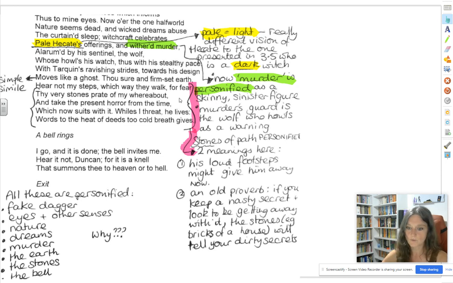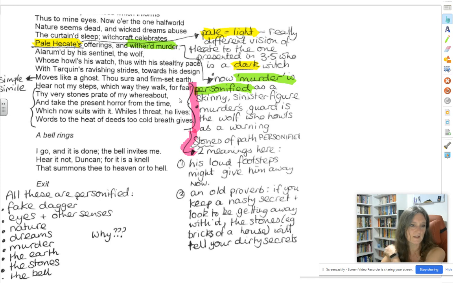A proverb is like a warning or a message to people, which is told in a story. Basically what the proverb says is, if you do something really bad and you're skillful enough to keep it a secret, so you commit a crime perhaps, but you think you've gotten away with it, then the stones, like the bricks in the house or the stones in the floor, will tell the story for you.